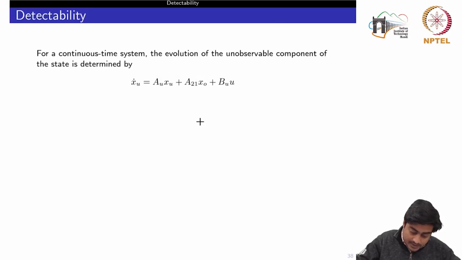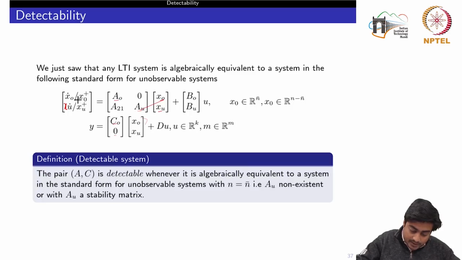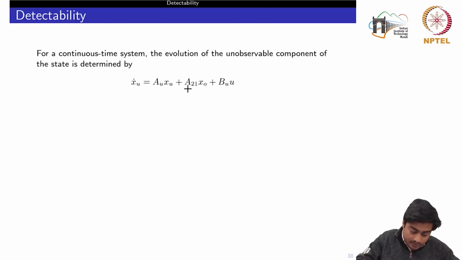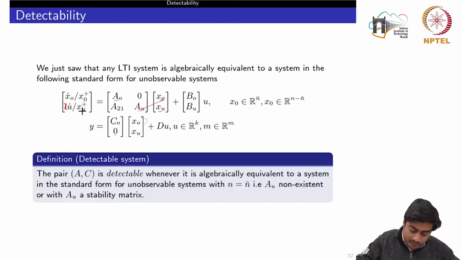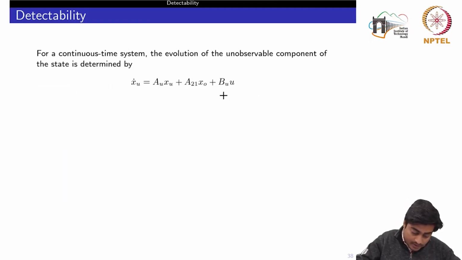So for a continuous time system, the evolution of the observable component of the system is determined by this one. I have just written this equation by opening it. So I would have XO dot as AO XO plus BO u, and the unobservable component A21 XO plus AU XU plus BU u, okay, only the unobservable component.